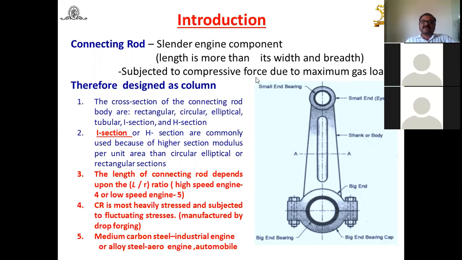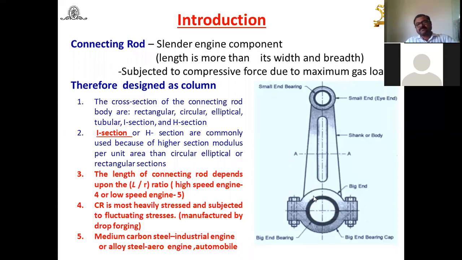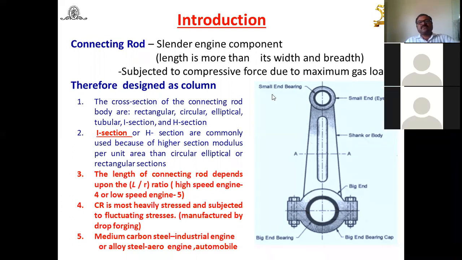And if it's a slender engine component, it is assumed as a column, and we have to consider the buckling of this column. Again here, we know how to consider this buckling of a column or this connecting rod. There are two criteria: one is the Euler equation and the second one is the Johnson equation.